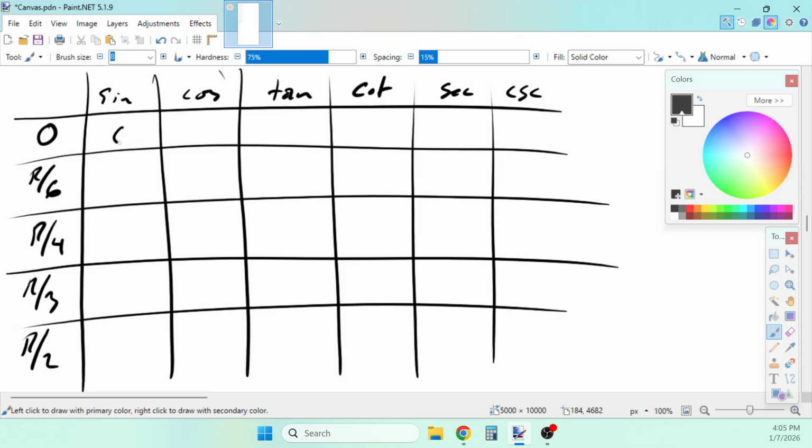So we get 0. This is 1 over 2. This is 1 over root 2. Square root 3 over 2. And this is 1. Cosine is the same values as sine, but in reverse order. That goes for all cofunctions, by the way. Sine and cosine are cofunctions. So we get the same values, but in reverse order.